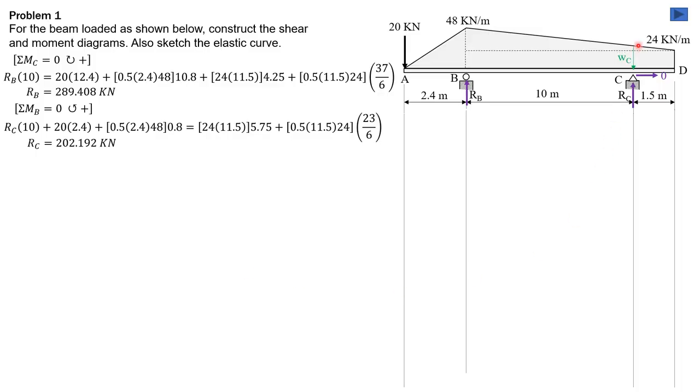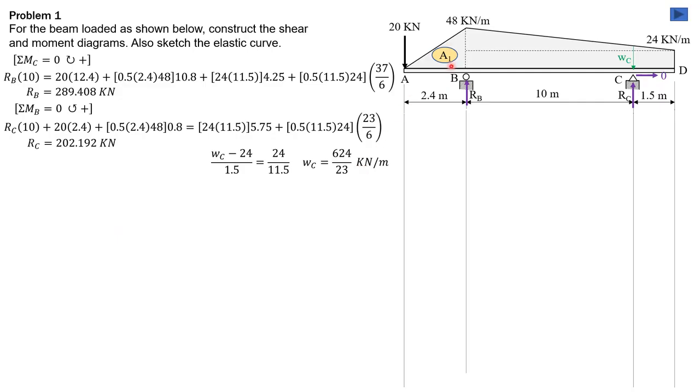So let's call this intensity of loading W sub C. Then from this triangle here, by similar triangles, W sub C minus 24 is to 1.5 as 24 is to 11.5. So W sub C is 624 over 23 kilonewton per meter.